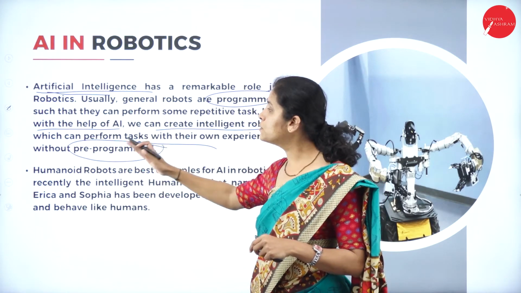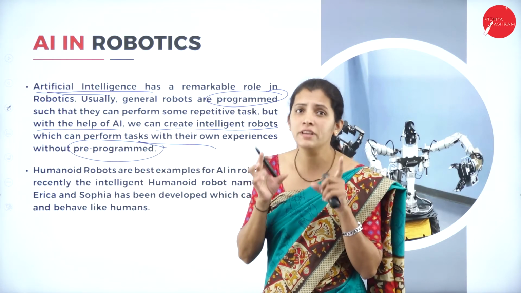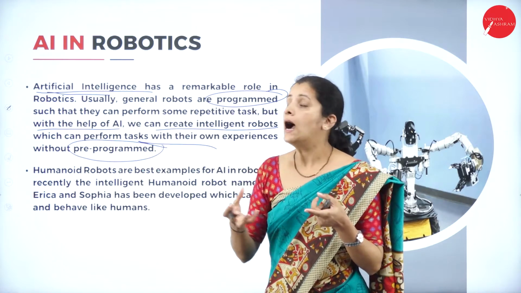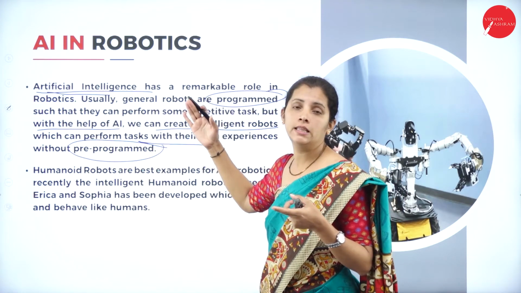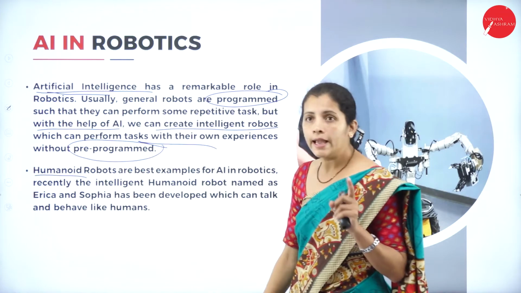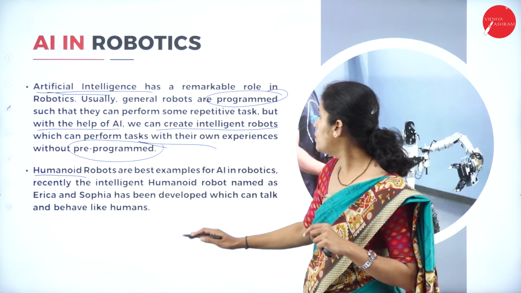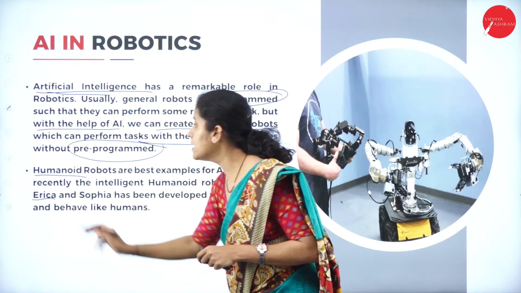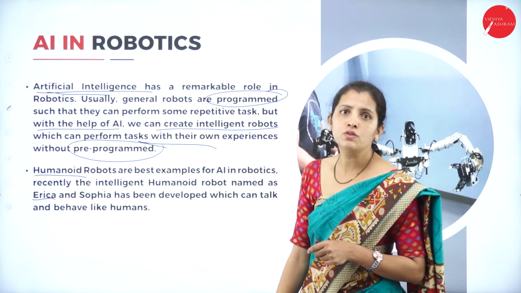So what is this program? That's nothing but a set of instructions. All the instructions are pre-written and stored in the microchip. The examples of robots here, I can consider Erica as well as Sophia.